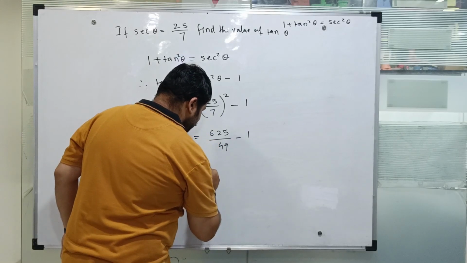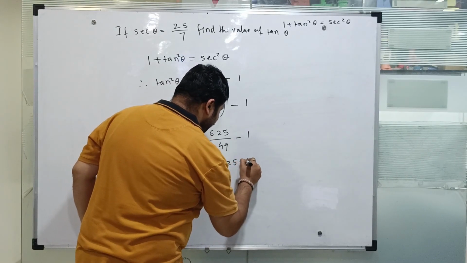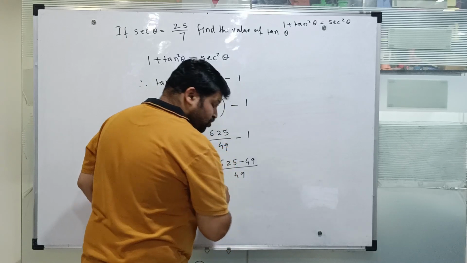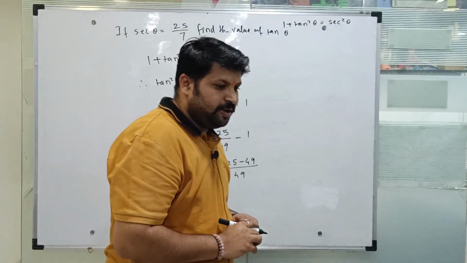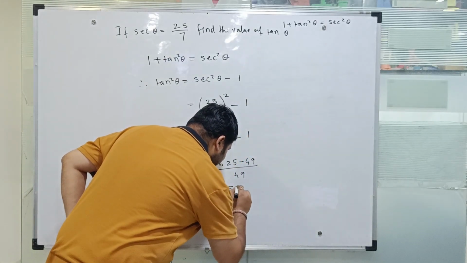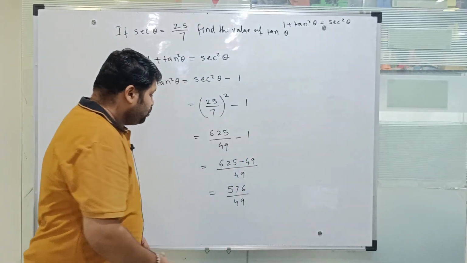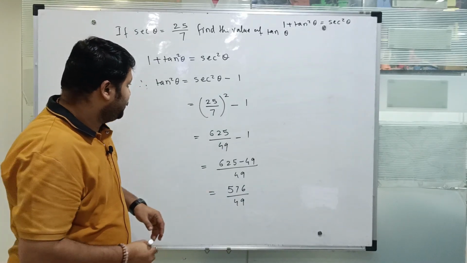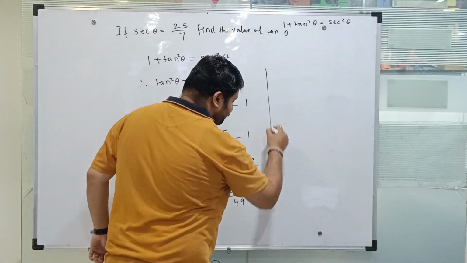So that is 625 minus 49 upon 49. So this would be equal to 576 upon 49. Now I need to find the value of tan theta.